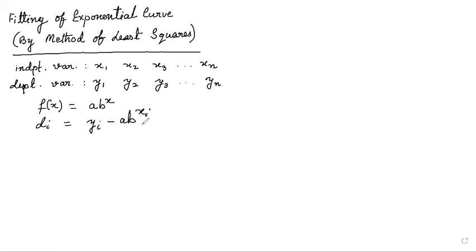So let us take the logarithm on both sides of this distance equation, so that it will be easier to differentiate while minimizing the sum of the squares of distances.